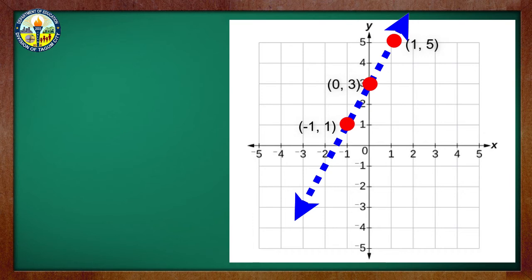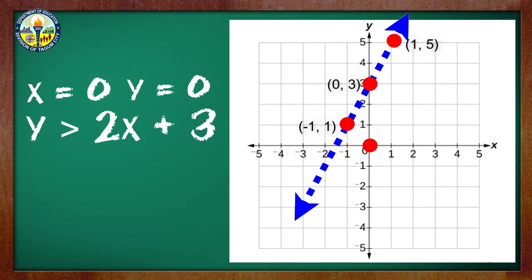Let's pick any point below the line. Let's pick 0, 0. Here, x is 0 and y is 0. Substituting x and y in the inequality, y is greater than 2x plus 3, we got 0 is greater than 2 times 0 plus 3.